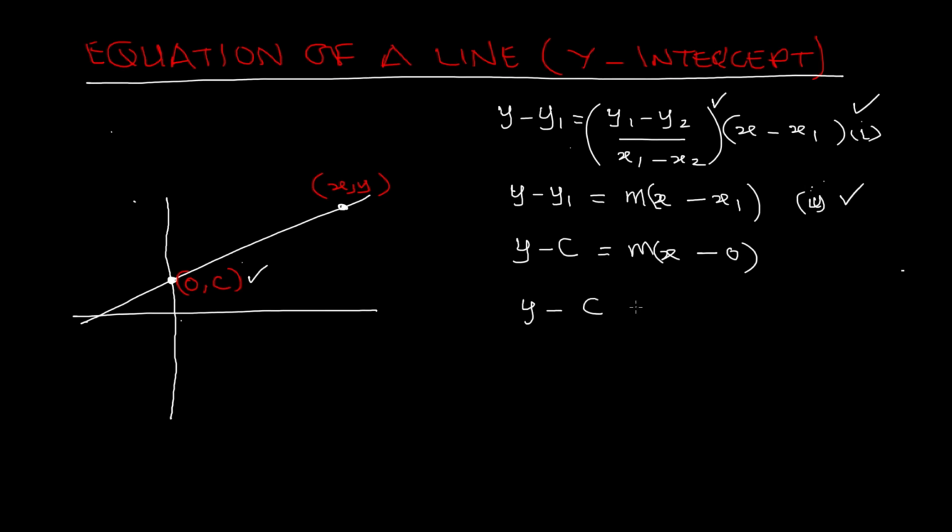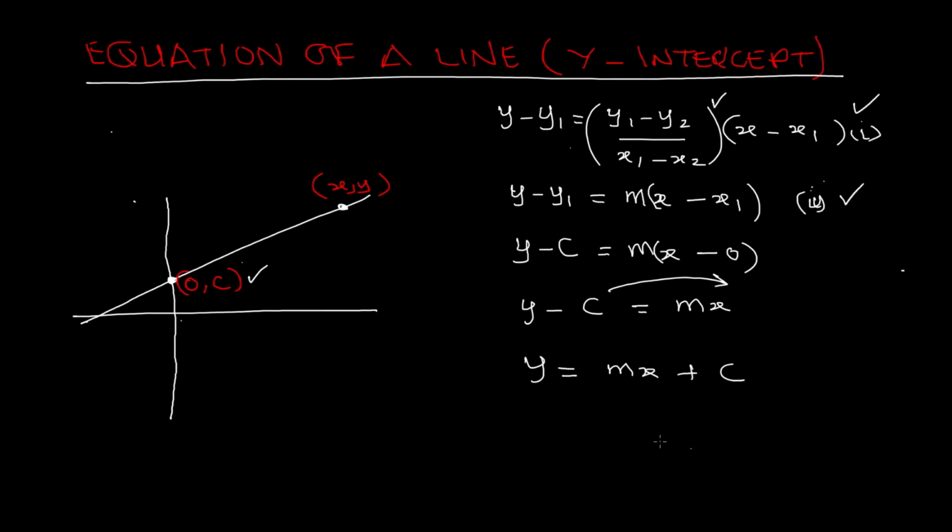It's going to be y minus c is equal to mx, because this became a 0. Now we can take this guy and throw him to the other side. That is how I like to do it, it's a shortcut. You can add c here and add c. It's another way.